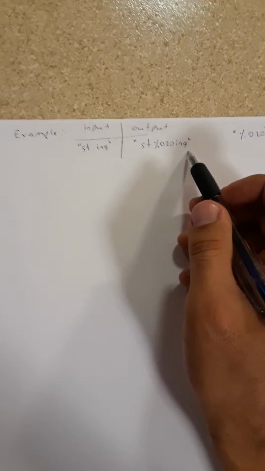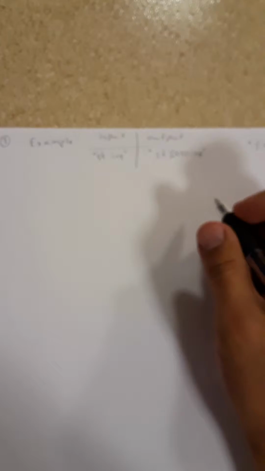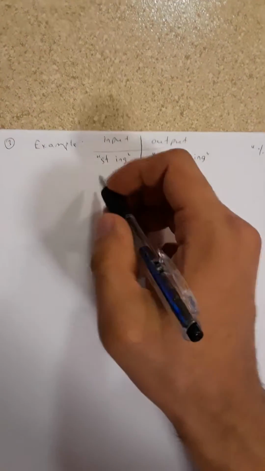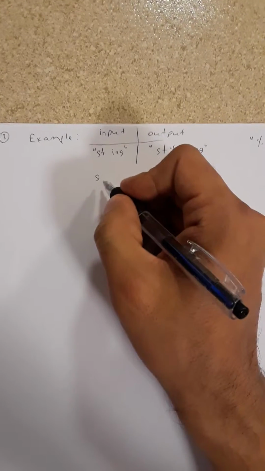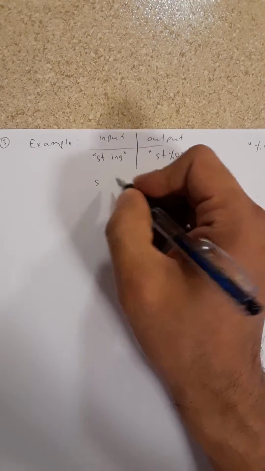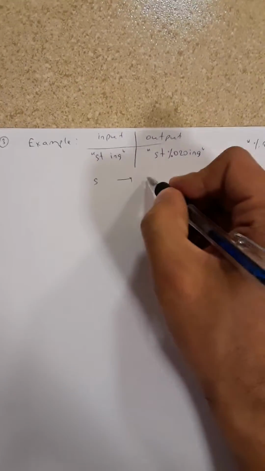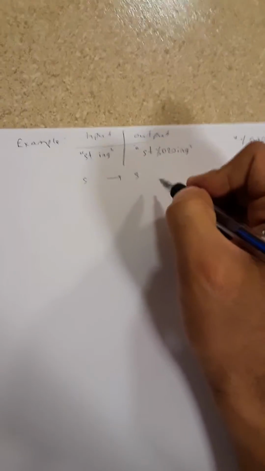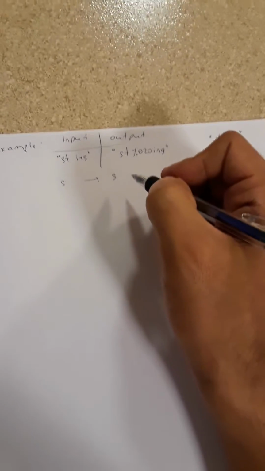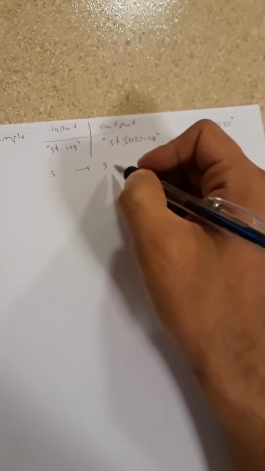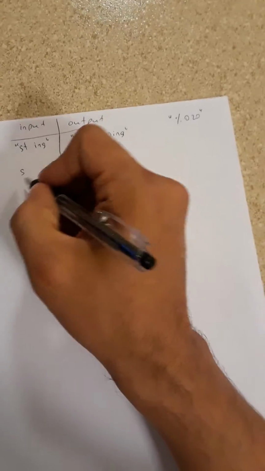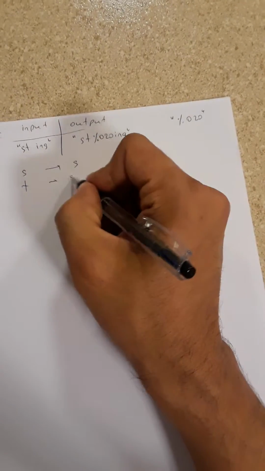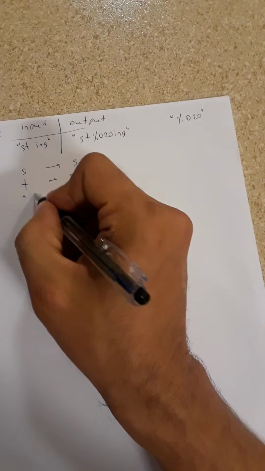So what I will do in my code, I will just take each character from the string, check if it's white space or not. So if it's not, I will just put it into my output string, and for example t, it will be st, and the second is a white space.